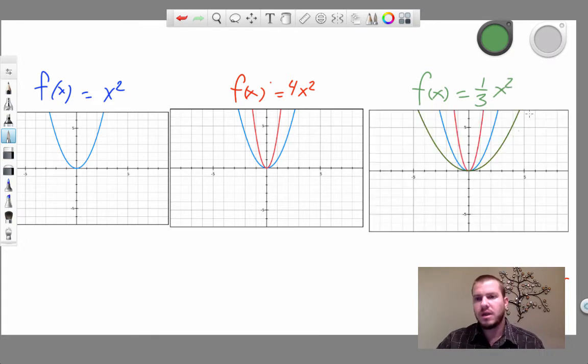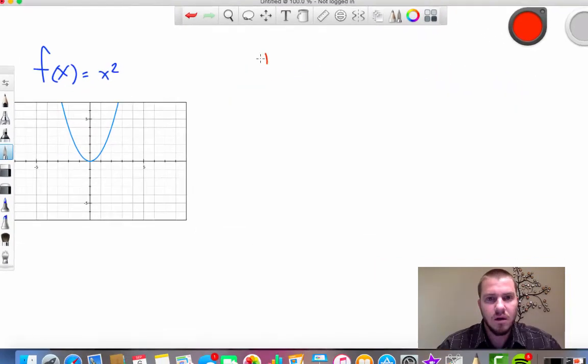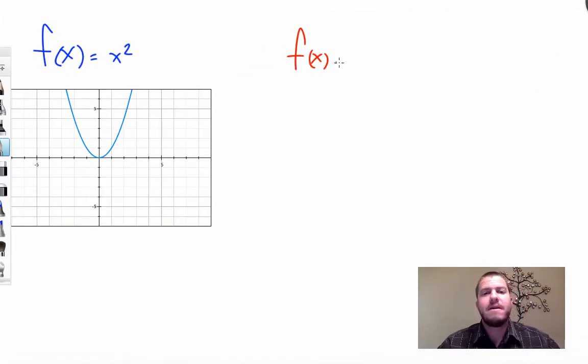And if you notice, that would be this green one on the end that's wider because it would be compressed. So that's what that would look like if the a is less than 1. So let's look at if the a is negative, something like negative x squared. Remember, it's reflected across the x-axis.